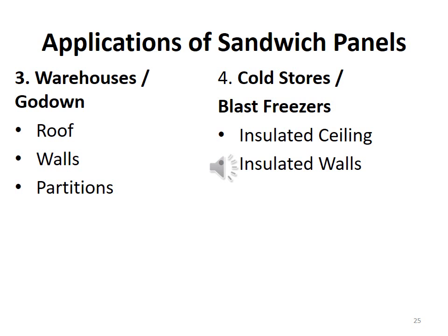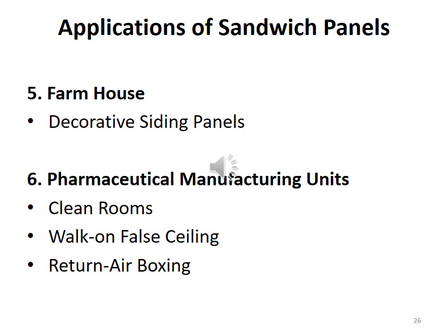So no leakage of the cooling and no leakage of the air occurs in this kind of storage rooms. So therefore, these sandwich panels, being the thermal and air insulator, are used in the cold storage and blast freezers.